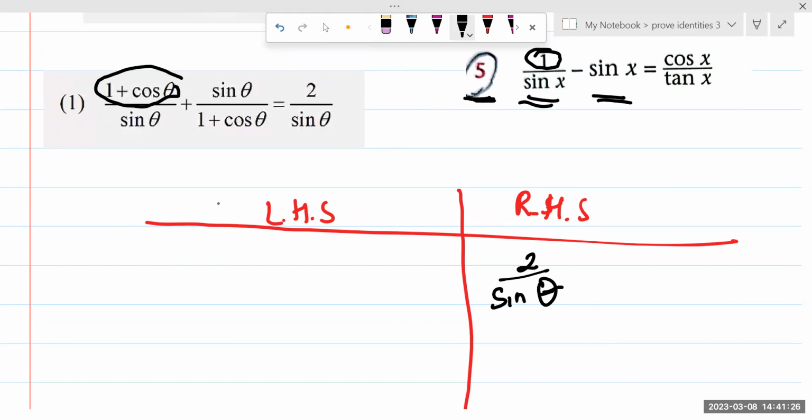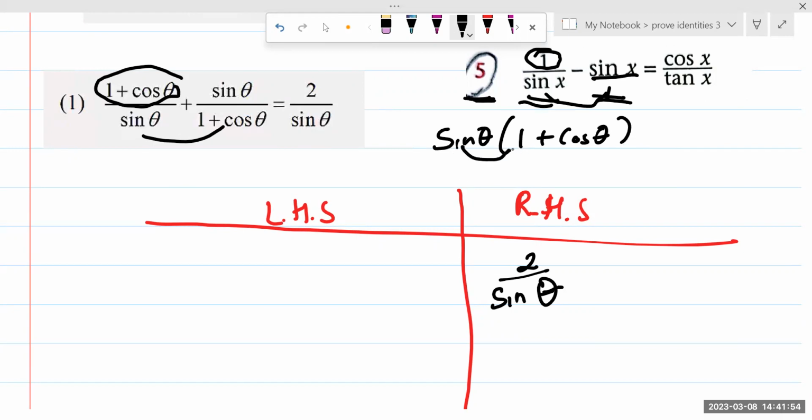Okay. How do we add fractions? How did we do this one? Let's just remind ourselves. We get an LCD. So how do you get an LCD? You multiply these two. So we're going to do exactly the same thing here. We're going to say this one multiplied by this one. But the difference is that I'm multiplying something like this. So I have the sine of theta multiplied by 1 plus the cos of theta. So we've seen something like this again.